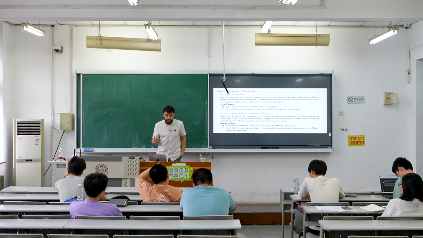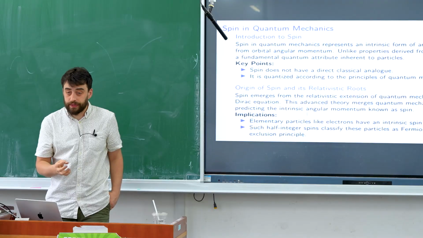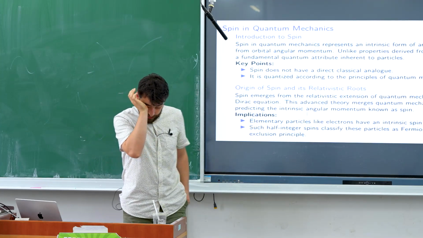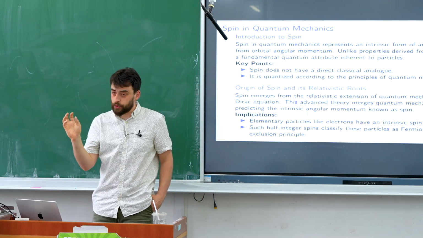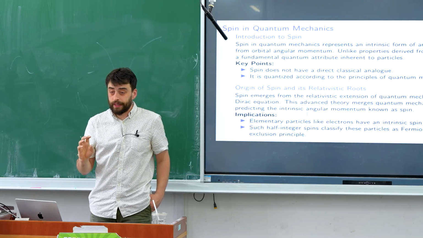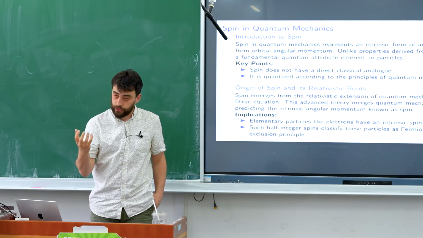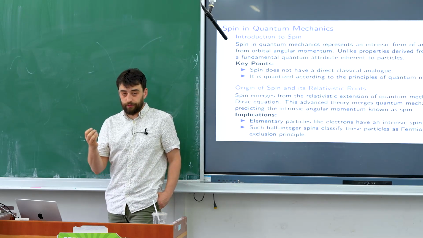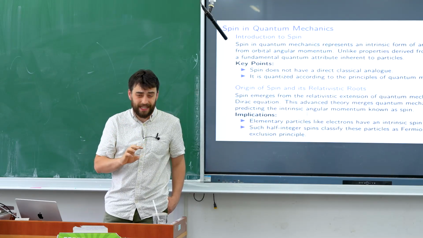If you think of the analogy of a moon orbiting a planet, maybe it's better to think of the Earth orbiting the sun. The Earth is orbiting the sun, so it has orbital angular momentum, and the Earth is also spinning. It has some spin. This is the analogy in gravitational physics for spin and orbital angular momentum in quantum physics. It's not the same.